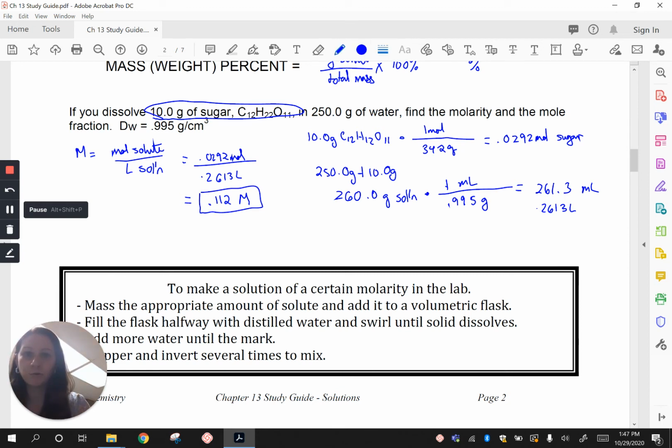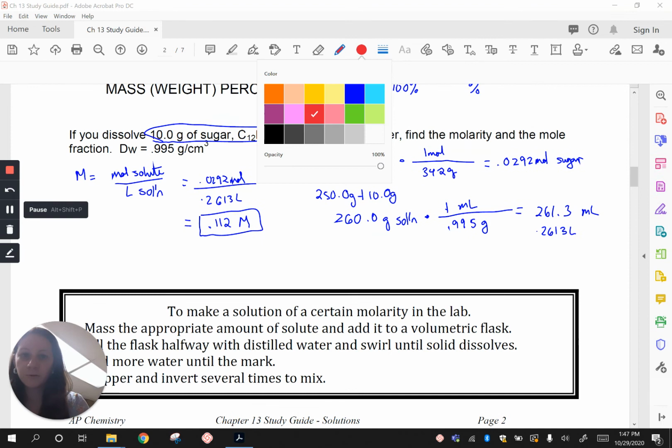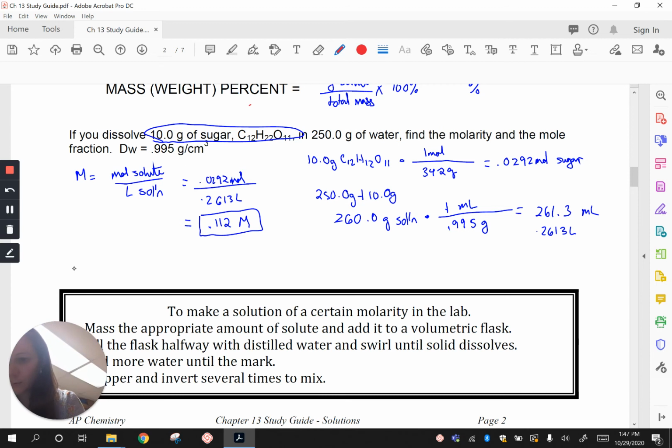Let's do the mole fraction next. So for my mole fraction, X, is equal to moles of solute over total moles. For my moles of solute, I have 0.0292 moles of sugar divided by my moles of water.